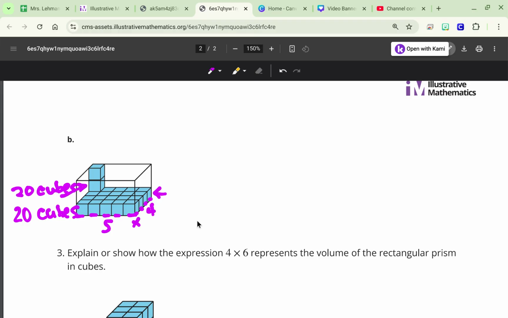Where I see 1 cube there in the middle layer, I could go ahead and actually have 20 cubes for that middle layer. And remember, we could also have 20 cubes for this top layer. So if I have 3 layers of 20 cubes, I'm going to have 60 cubes. So the overall answer for B is this idea of 60 cubes.